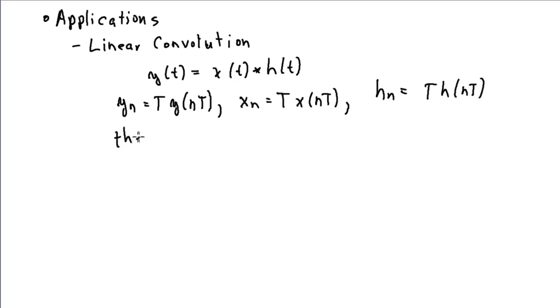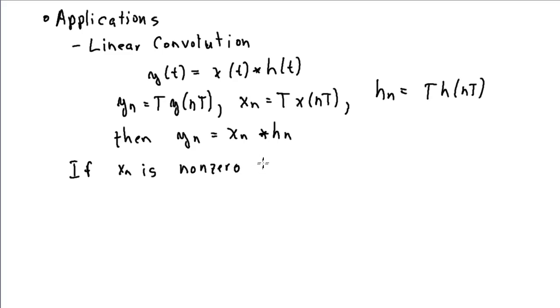Then y of n can be found by the discrete time convolution of x of n and h of n. Okay, so we're going to assume here that x of n and h of n both have finite duration.